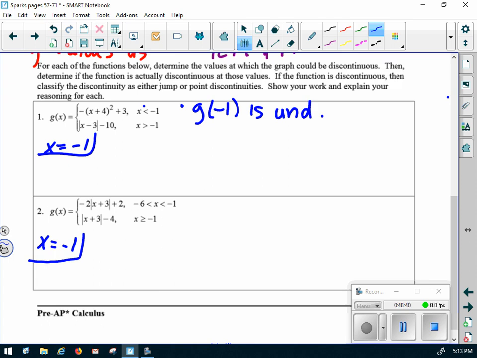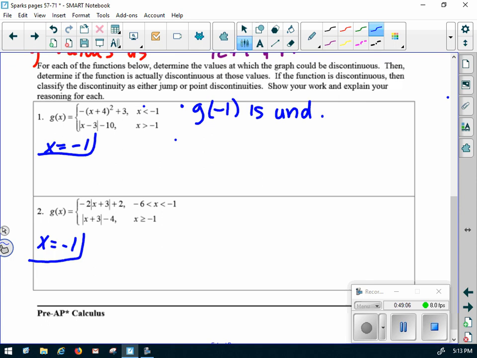Now, I know right now that that function is discontinuous at x equals -1. What I don't know is what kind of discontinuity we have, jump or point. So now what I have to do is find what y value the function approaches from the left and the right of -1.